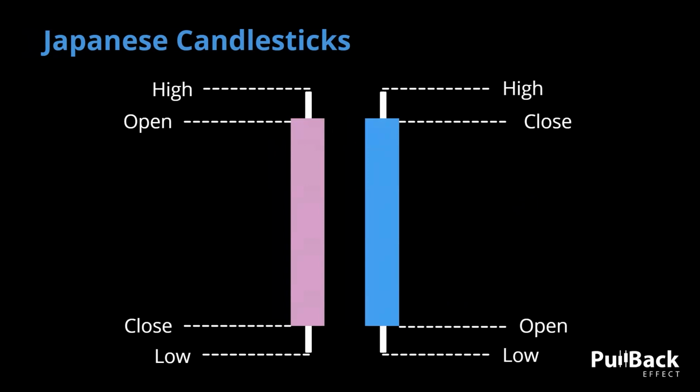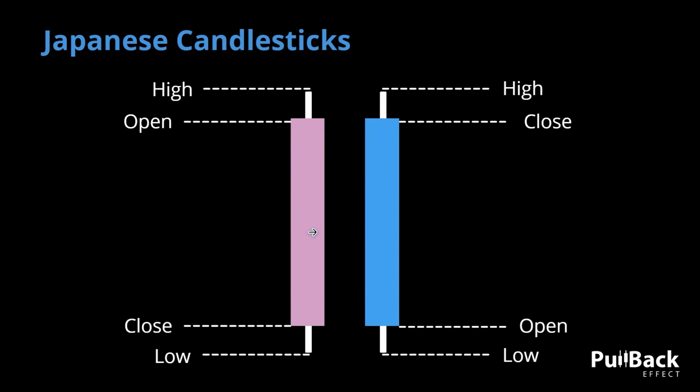It's a form of a chart that represents price and time in a chart, okay? So the way that these charts represent time and price is through time frames and different price levels, right?